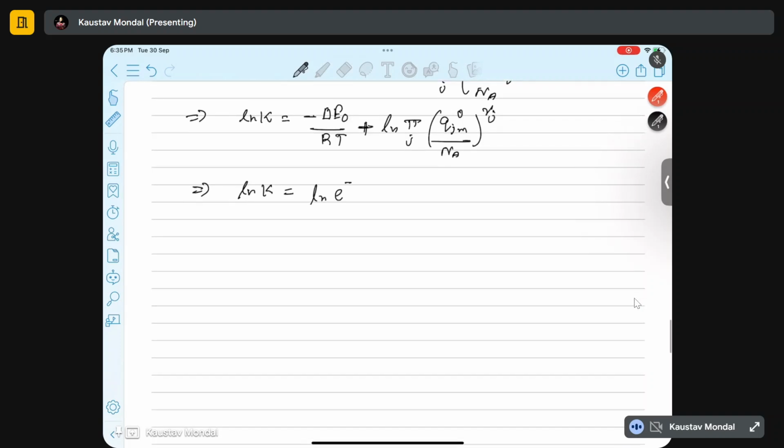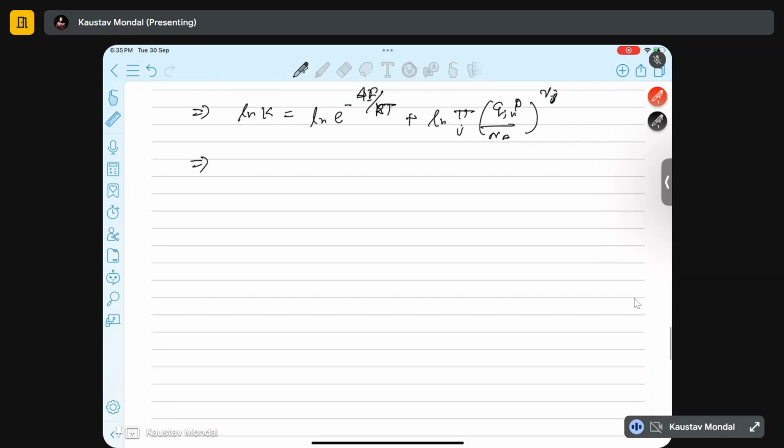So ln e to the power minus delta E by RT, which is the same thing you got in the previous step, plus ln of the product over J of (Q_J N0 by NA) to the power mu J. From here you can write ln K equal to ln of the product over J of (Q_J N0 by NA) to the power mu J times e to the power minus delta E by RT.